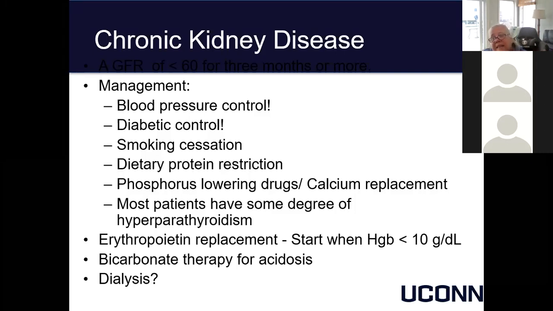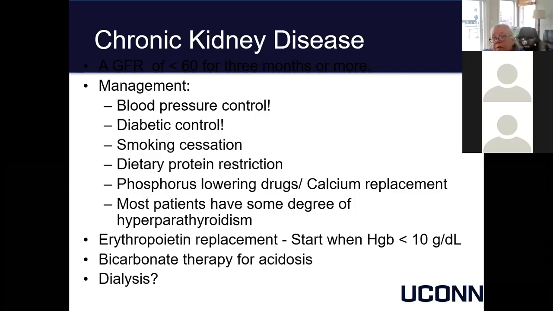But on the other hand, they need calcium replacement because we don't want calcium to seep out of the bones. We want it to stay in the bones. And because of this, hyperparathyroidism impacts the calcium levels as well. We've talked about the chronic anemia, or the anemia of chronic disease, and the anemia related to renal failure.